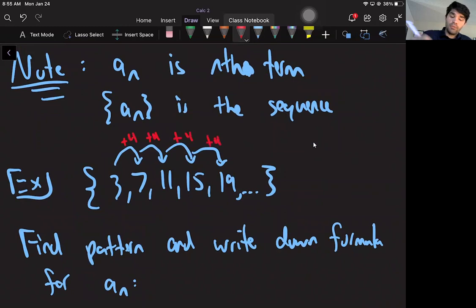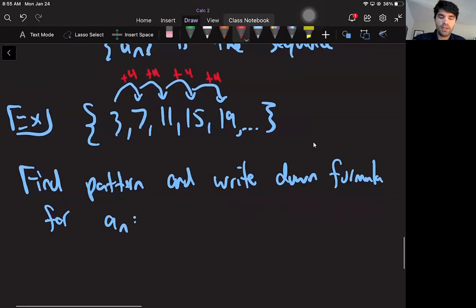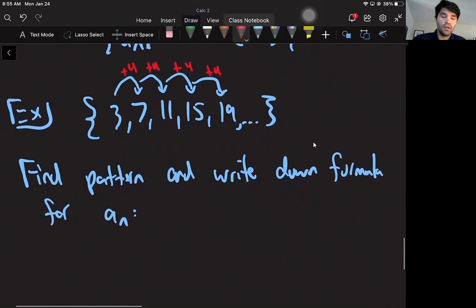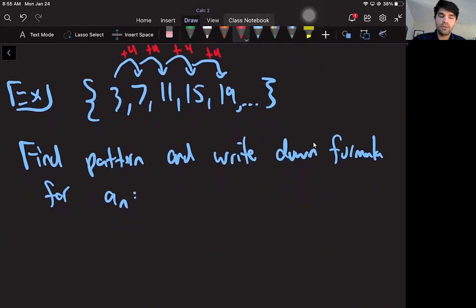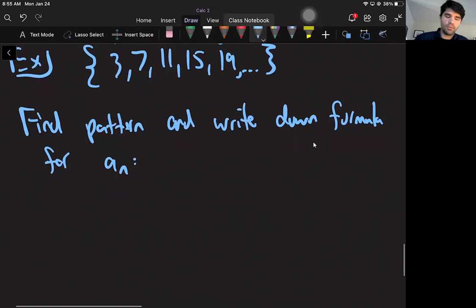So again, verbally, it's usually pretty easy to see what's happening and just say it out loud in words. I'm just adding 4 to each number to get to the next number in the sequence. But then a lot of times people have trouble turning that into answering the question with math, and that's okay. It just takes some practice. So here, what I typically would recommend is to just list out the terms.